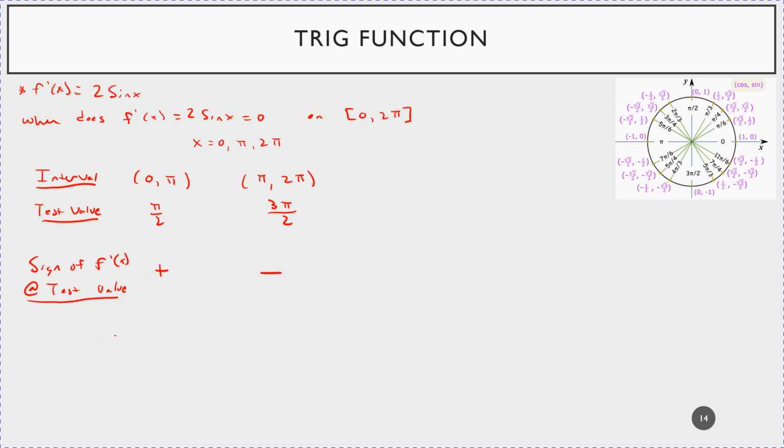So what this tells me, just by looking at this, is that this function is increasing on 0 to pi, and then it's decreasing on pi to 2 pi. We also see we have a relative max, right, because it's going from increasing to decreasing.